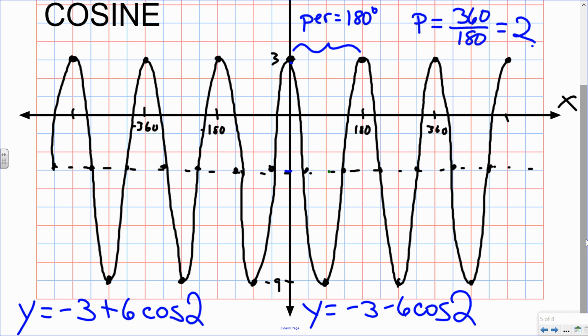Plus cosine, what kind of point am I looking for? I'm looking for a max. Have I shifted that from the y-axis? So no shift on that one. So we can simply say y equals negative 3 plus 6 times the cosine of 2x.